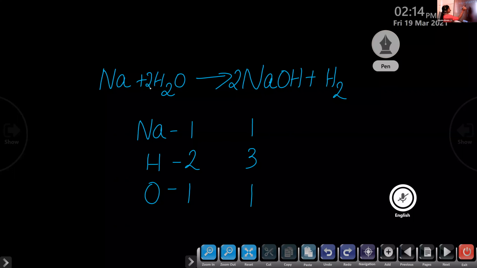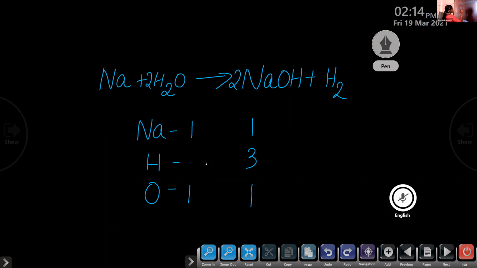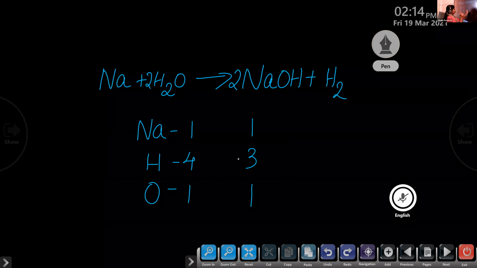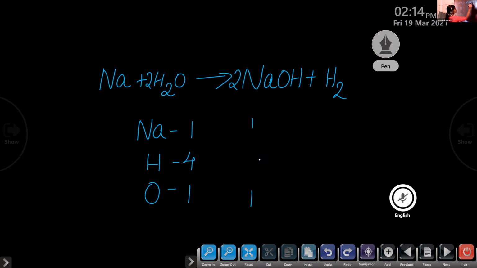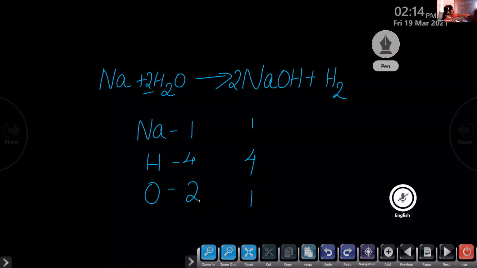Now the hydrogen atoms on the left hand side are 4 and on the right hand side also 2 plus 2, 4. Next you have to check the number of oxygen atoms. Here it is 2 and in the right hand side also it is 2, right?